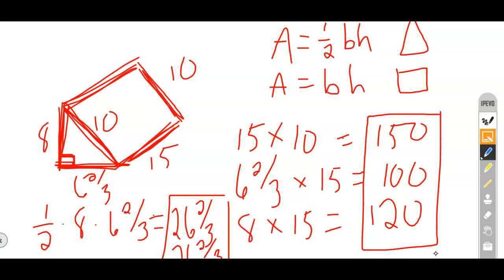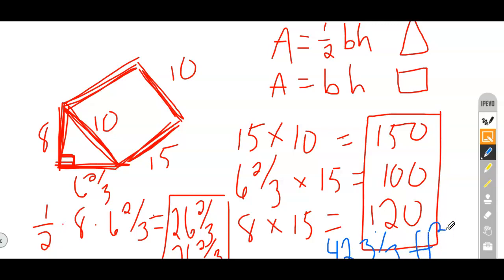You should be punching this into your calculators, and somebody tell me. 423 and 1/3. This is area, so we're going to say square feet.